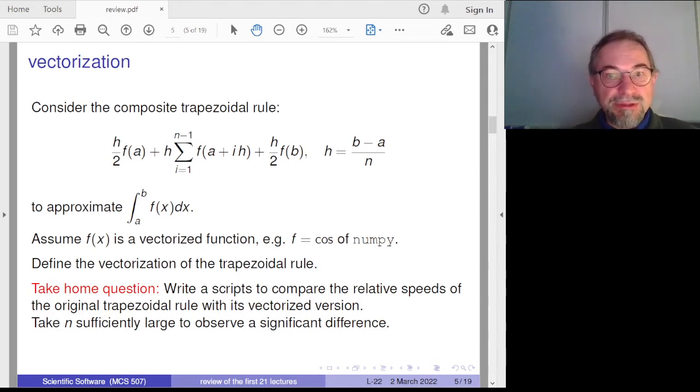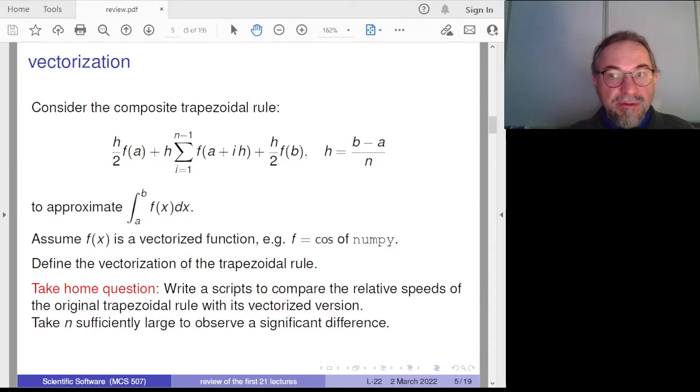Now, how do you do this? Well, in the formulas, you see that we start at the left bound at A, and then we compute the points where we're going to evaluate the functions. So the points A plus i times h.